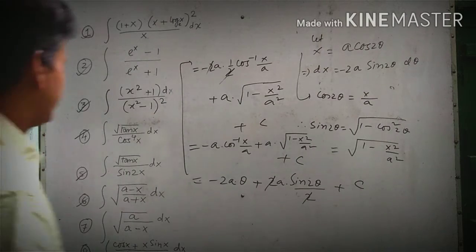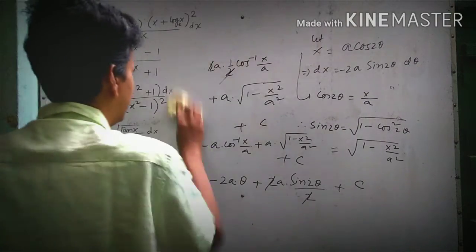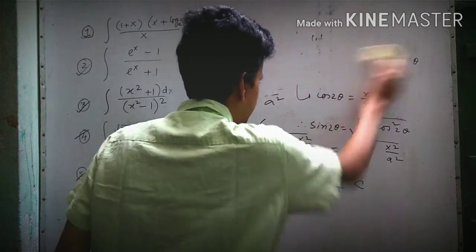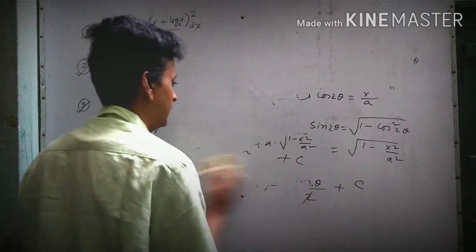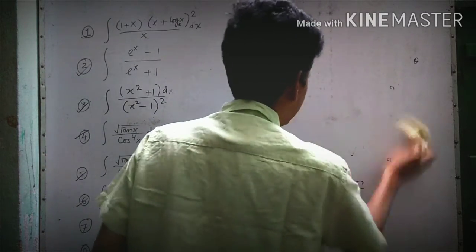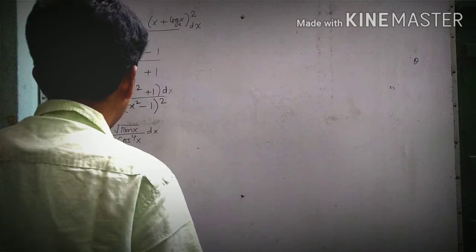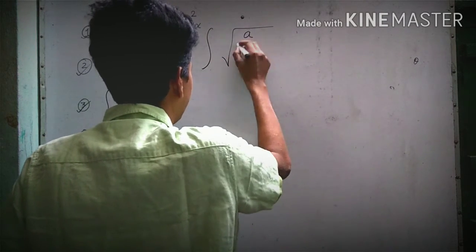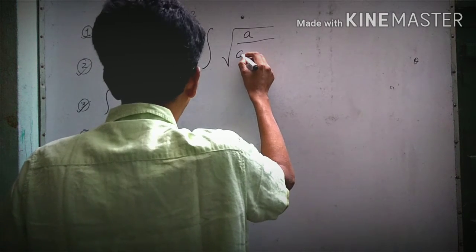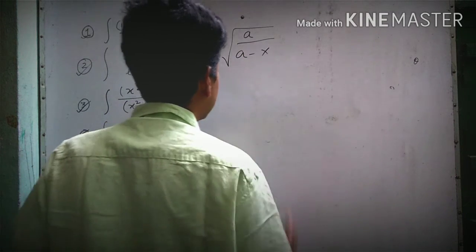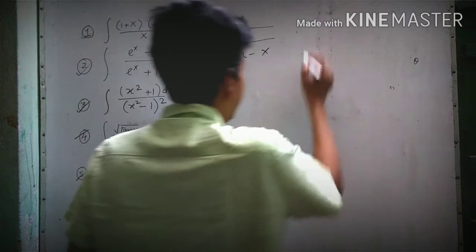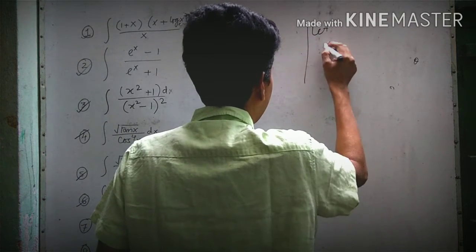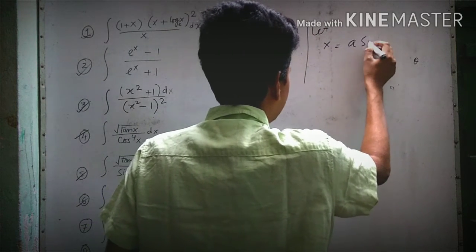Now we come to the next problem. Our next problem is integration of root over of a by a minus x. Here we put x equal to a sin square theta.